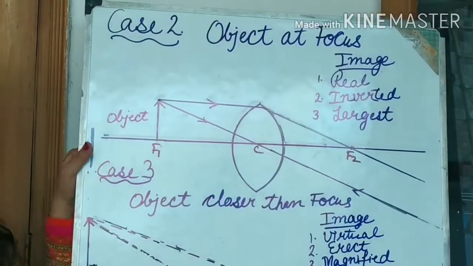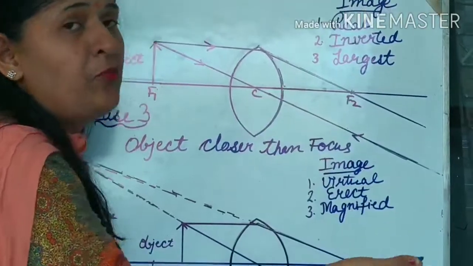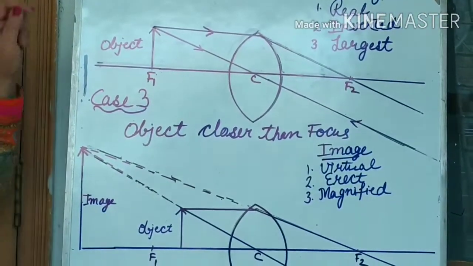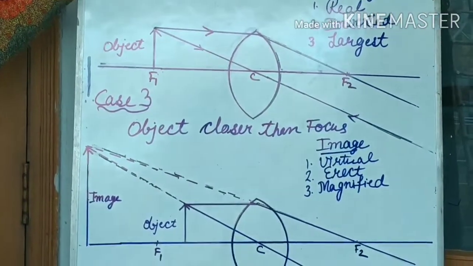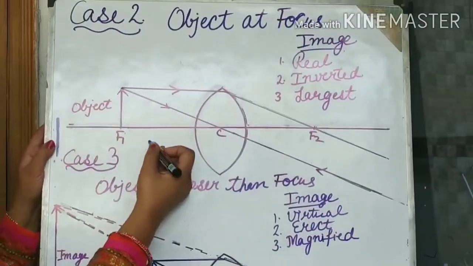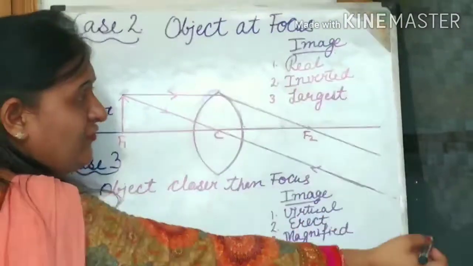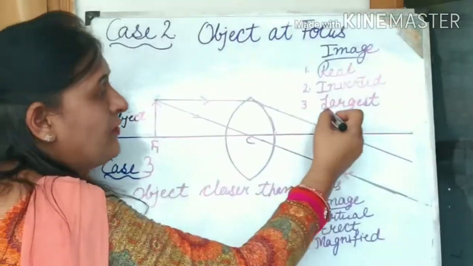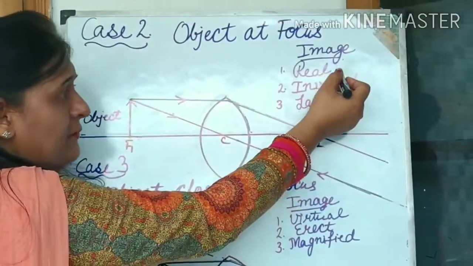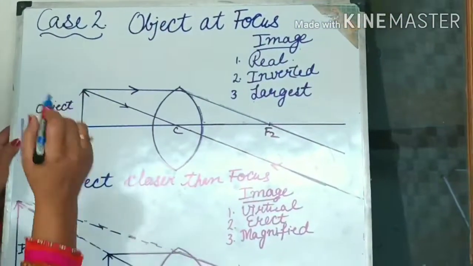The largest image of the object will be formed at the infinity point. Means when the object is at focus, then the image will be formed at infinity, and the image formed will be largest, real and inverted.